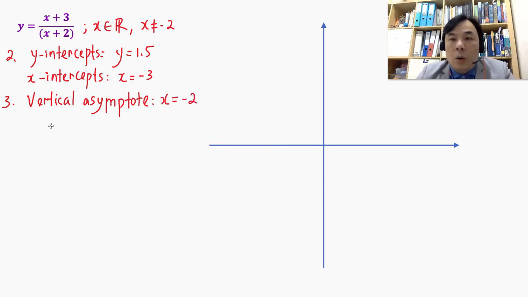And then our horizontal asymptote. This is the part where we need to perform the long polynomial division. Right. So by performing the long polynomial division, I'm going to do it at the side here, just to recap the procedure again. That is very obvious. You get a 1 there.